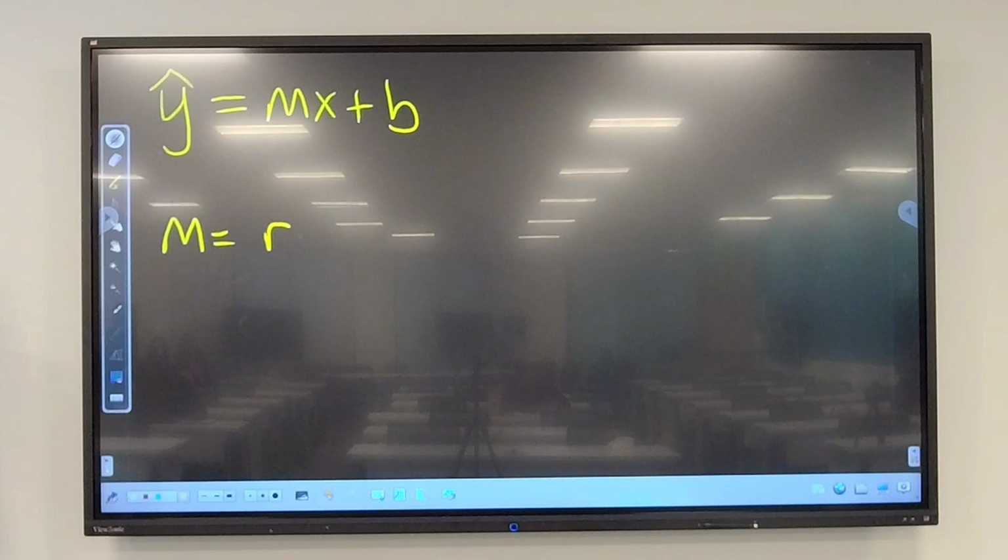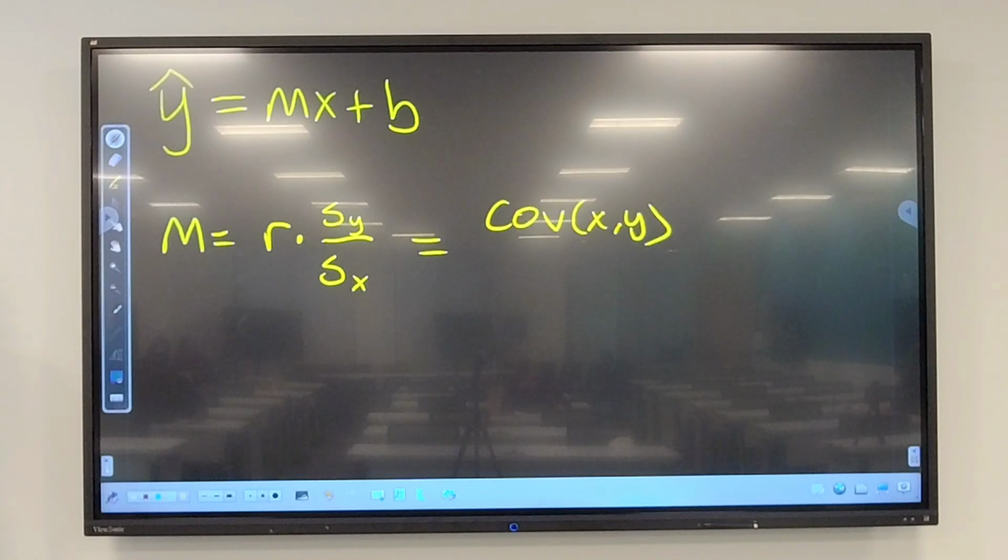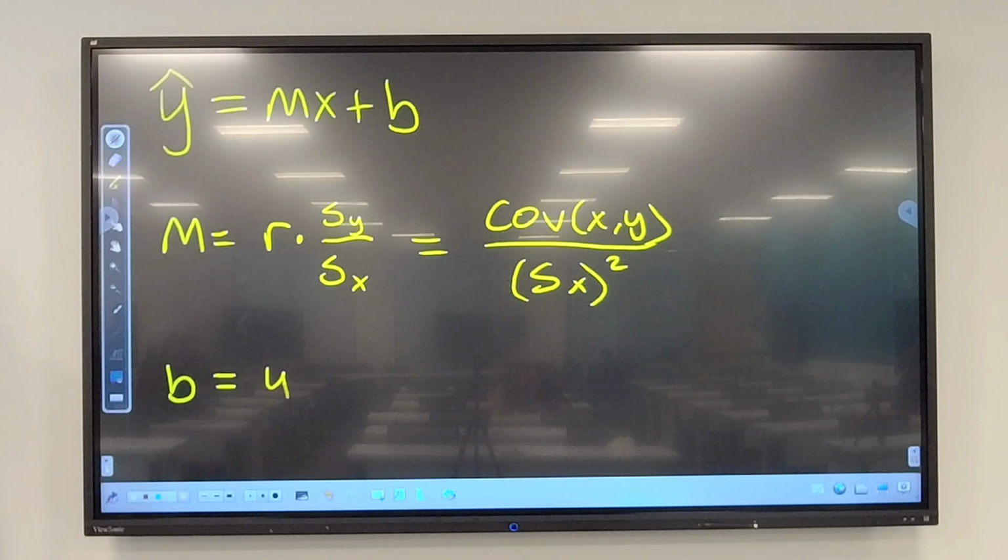The m is equal to the r value times the standard deviation of the y values over the standard deviation of the x values. That simplifies to be the covariance over the standard deviation of the x values squared. And this b winds up being y bar minus m times x bar.